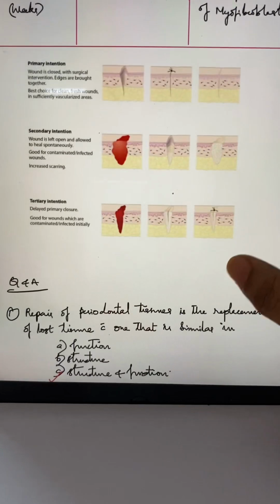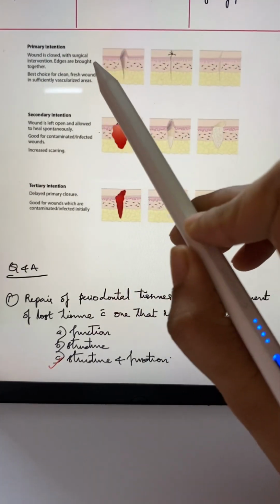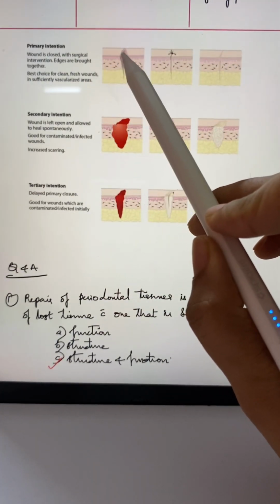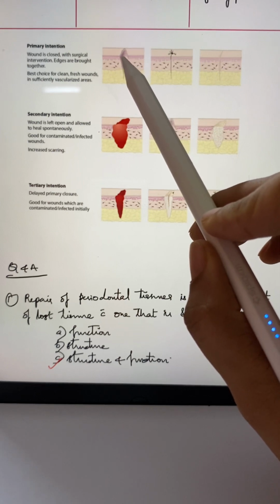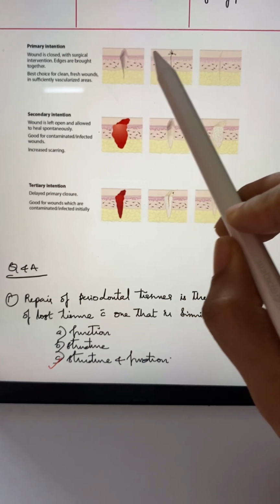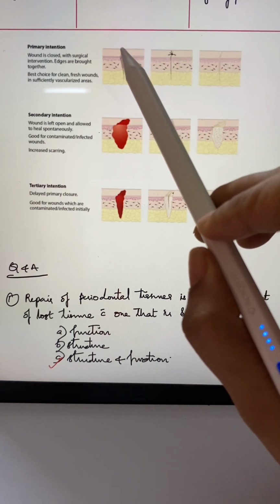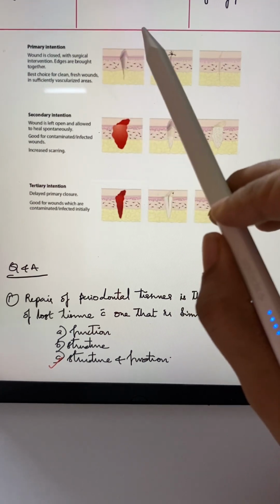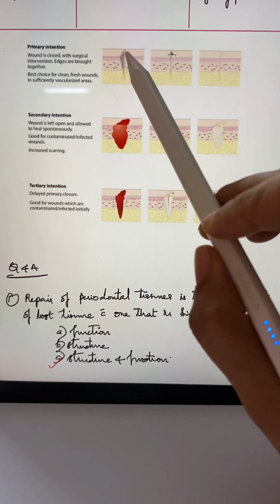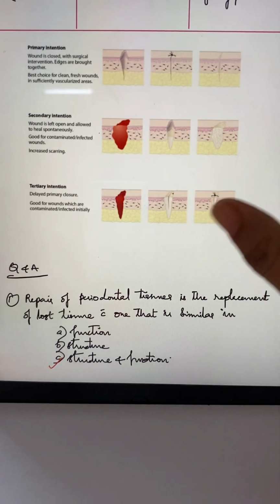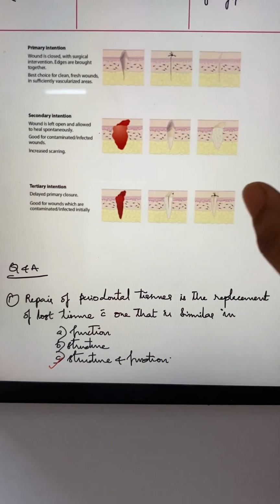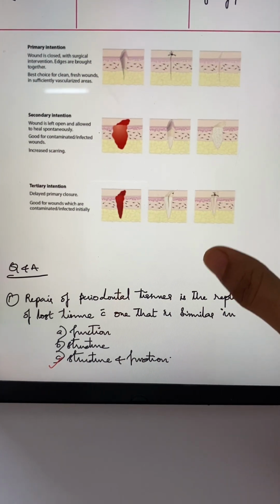When you see this picture, you'll understand better. Now you will see the wound is closed with surgical intervention, so edges are brought together. So it's the best choice for clean and fresh wounds in a sufficiently vascularized area. This is clean, and the wound space is less, so it is easy to unite themselves.